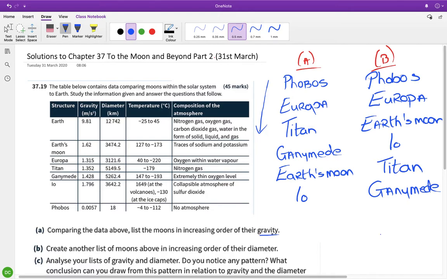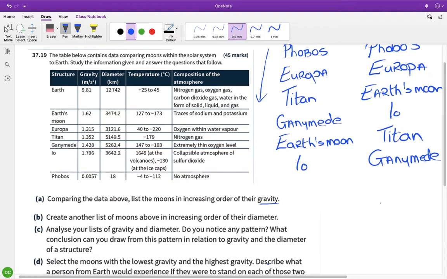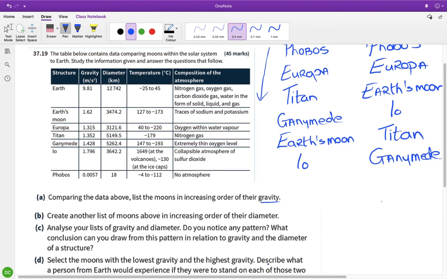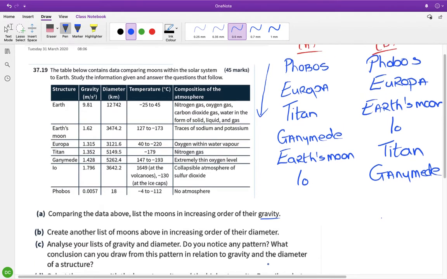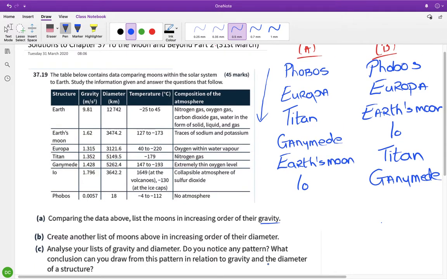It says analyse your lists of gravity and diameter, and do you notice any pattern, and what conclusion can you draw from this pattern in relation to gravity and diameter of the structure? The first two obviously are consistent in both lists, but after that it gets a bit mad.